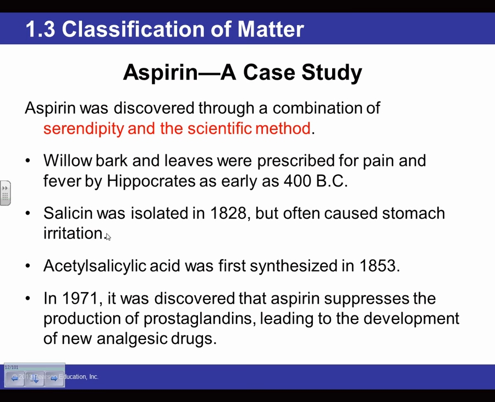Now, another thing that stands out when we learn about chemistry is the serendipity of chemistry itself. Essentially, even though there are a lot of great minds that contribute to chemistry, one of the interesting things that I find fascinating is the fact that a lot of times pure luck plays a role in the discovery process. Aspirin is one such reference.